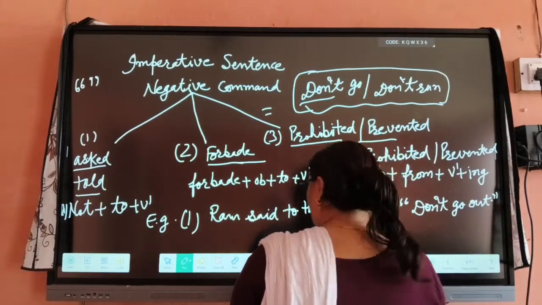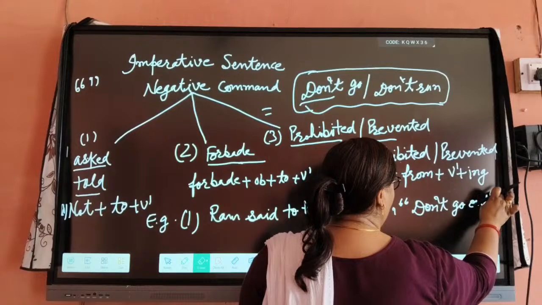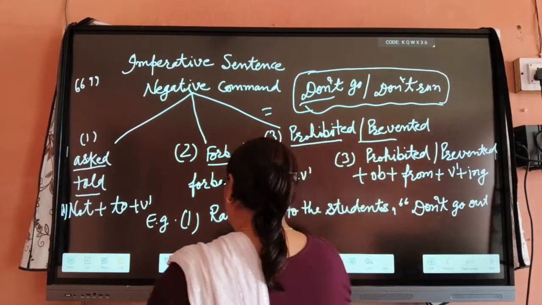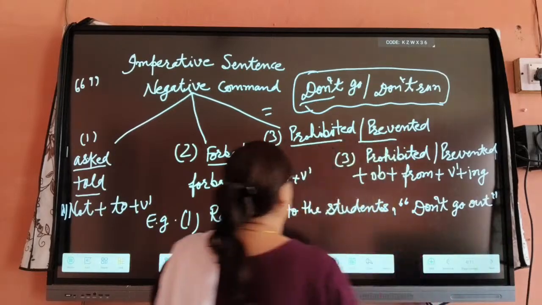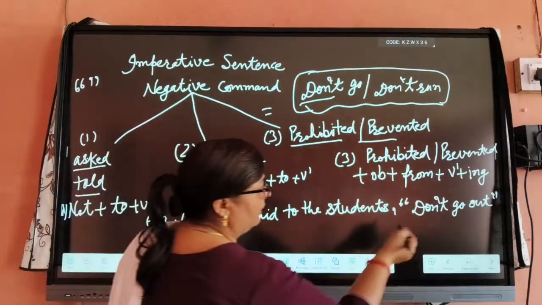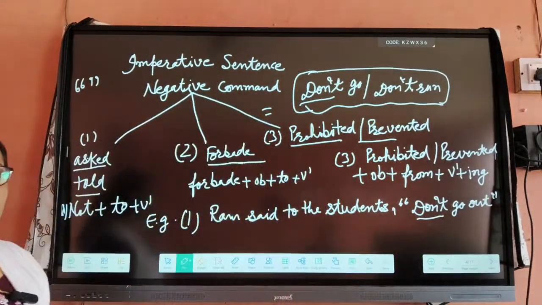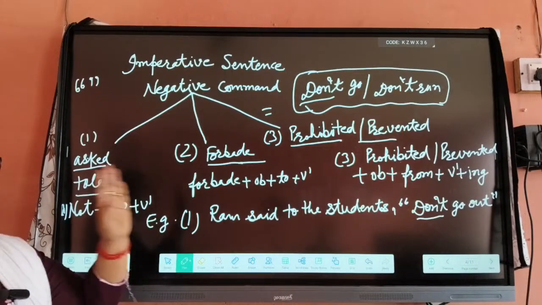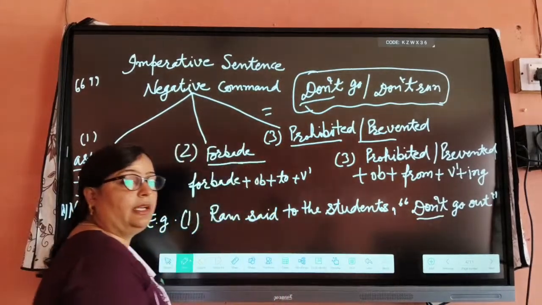First of all, we will check what type of sentence it is. Here is "don't". It means our sentence is imperative, but it is an imperative of negative command. Here is "don't", that's why this sentence is a negative command.